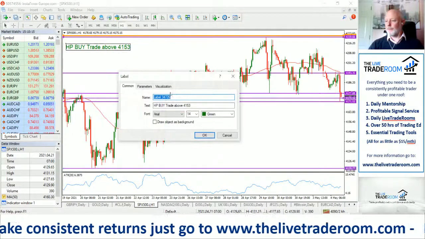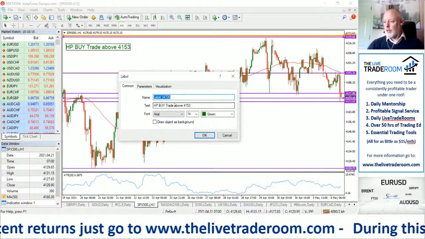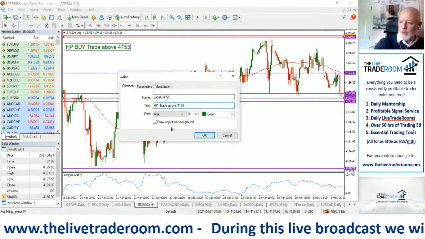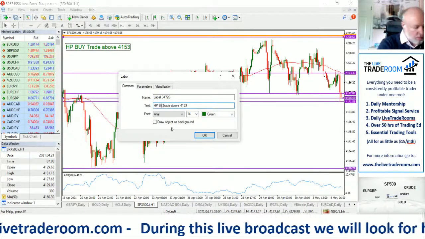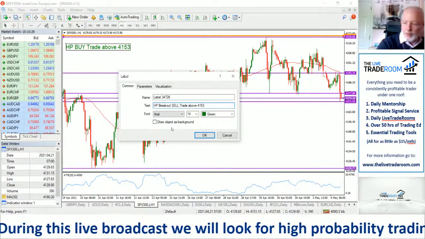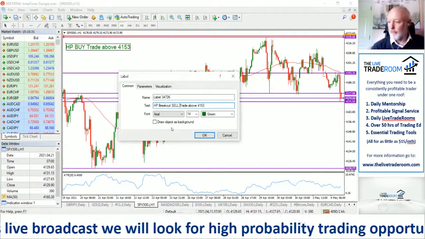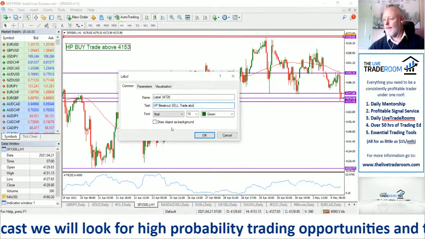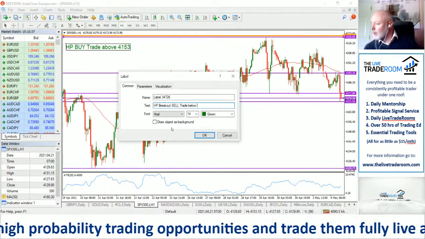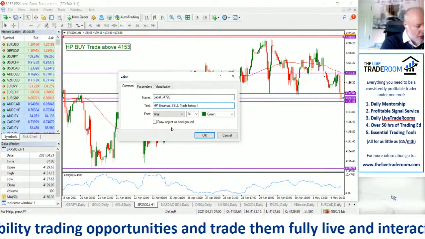Okay, so now this is a high probability breakout sell trade below the 41.71.